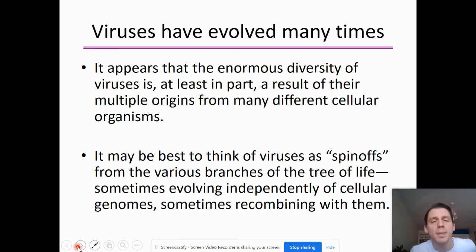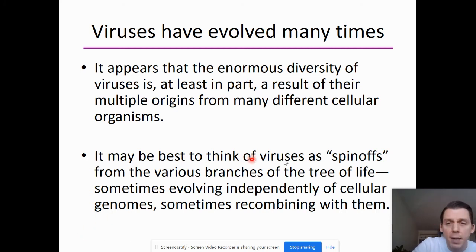It appears that because we have this huge diversity of viruses, all these different viruses have multiple origins. So it's not that there was one initial virus and it differentiated into all these different viruses. It could be that viruses have evolved many times throughout history.